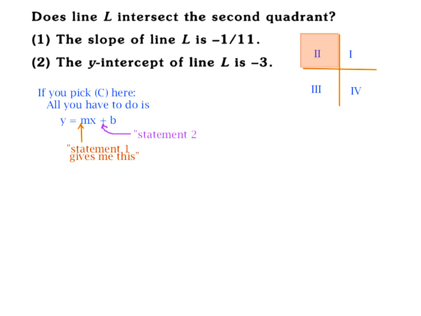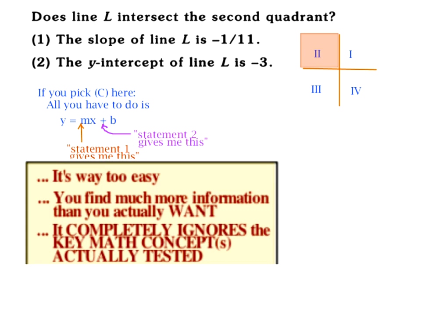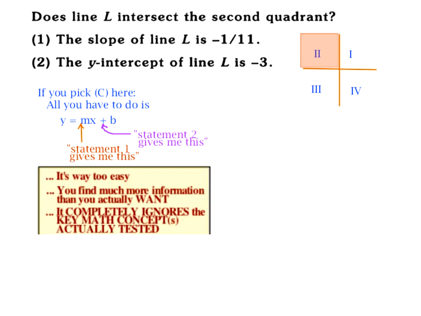So again, let's take a look at our checklist of, oh boy, C is a trap. And let's see what is up with that. Well, way too easy, more information than you actually want, and completely ignores the key math concepts that are actually tested. So, well, it's way too easy, sure it is, right?